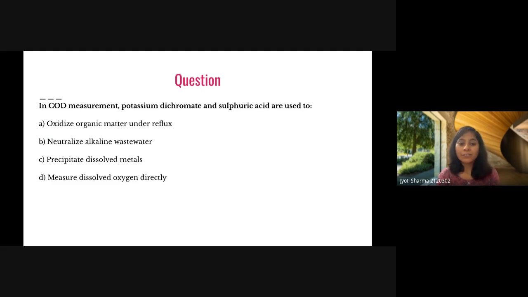Okay. After BOD and dissolved oxygen, we have learned how we can measure BOD and how we can measure dissolved oxygen, right? The other one is COD. What is the full form of this COD?